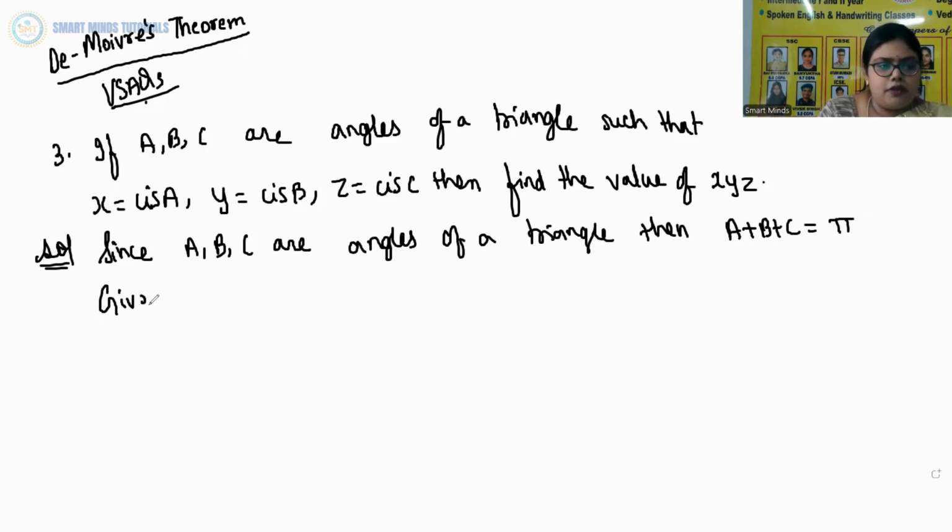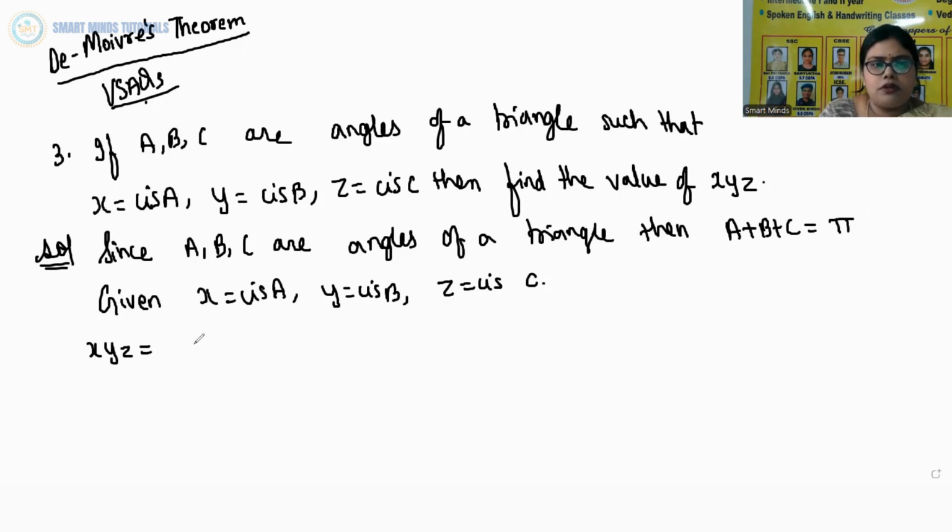Now what is given to us? x is equal to cis A, y is equal to cis B, z is equal to cis C. So xyz is equal to cis A into cis B into cis C. Using cis properties, we can write this as cis (A plus B plus C).